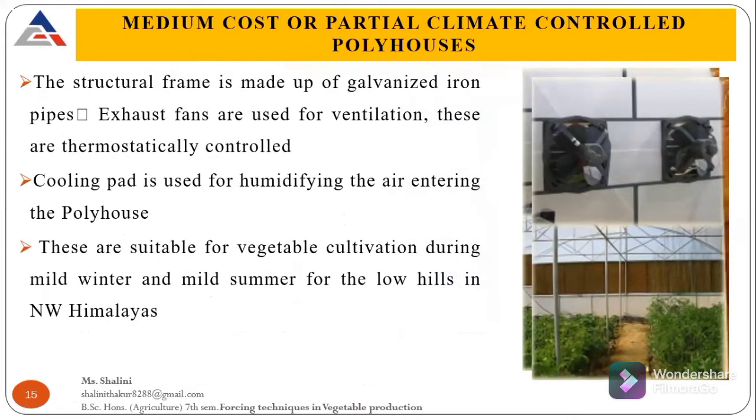A cooling pad is used for humidifying the air entering the polyhouse, and they are suitable for vegetable cultivation like tomato. This kind of polyhouse is used in low hills of the northwest Himalayas.